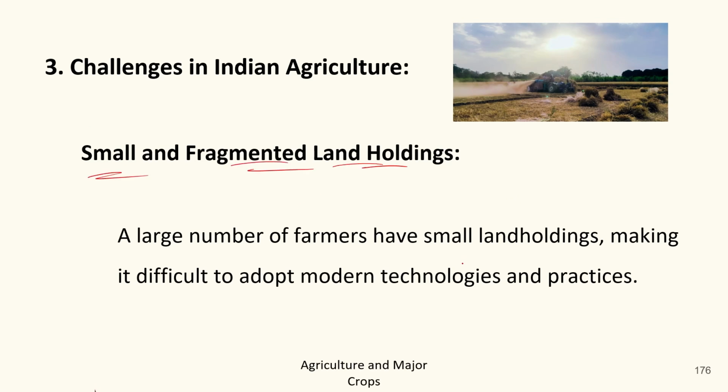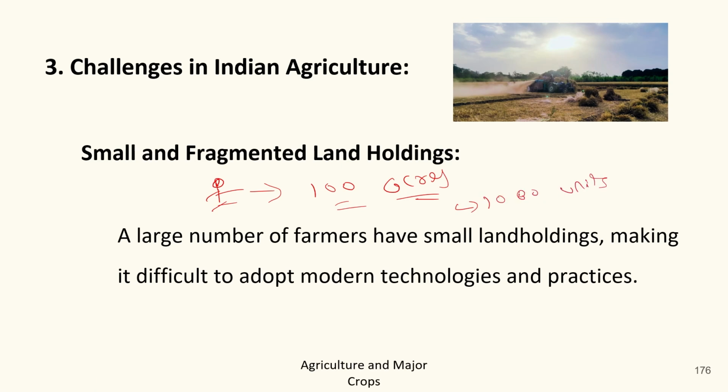It means that the farmers have small land holdings, making it difficult to adopt modern technologies and practices. Suppose a farmer has 100 acres of land, then he could produce 1000 units. So he will earn more, his income will be more.